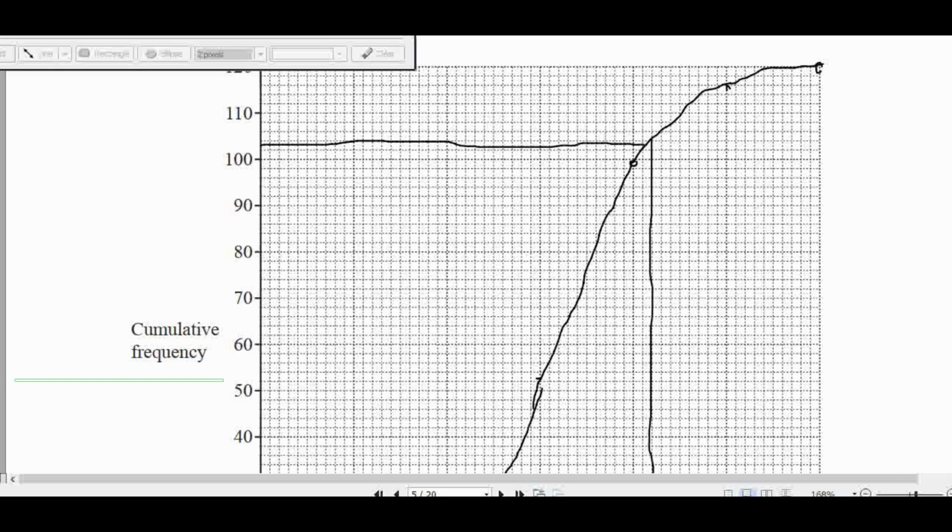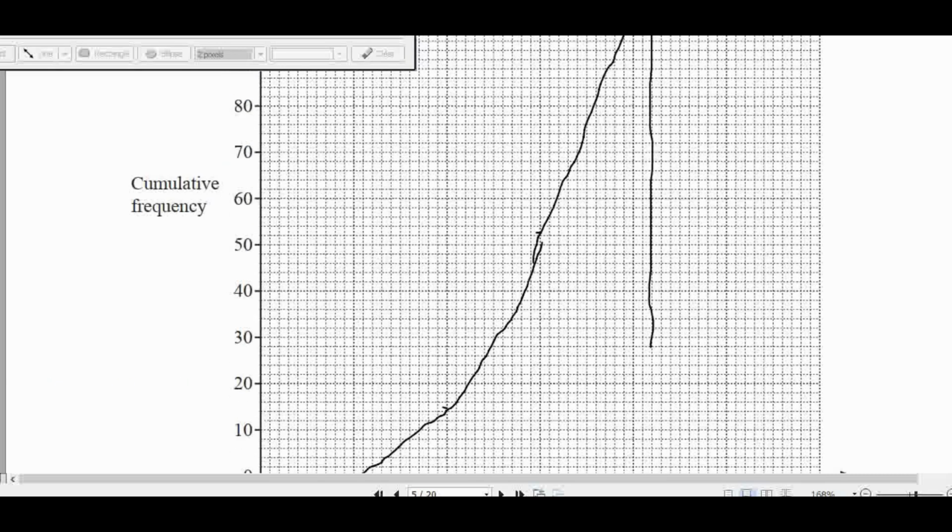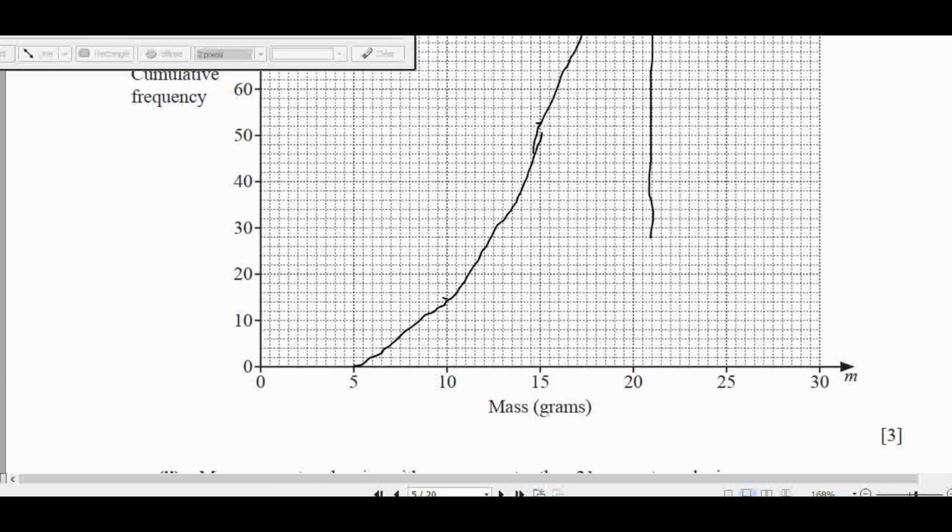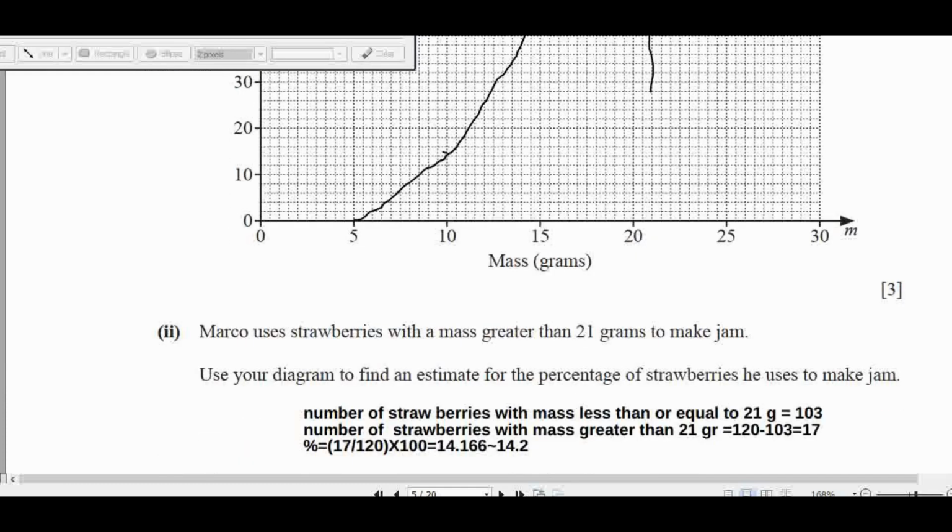So 21 means 103 strawberries have mass less than or equal to 21 grams. But we need strawberries with mass greater than 21. The total is 120, and 103 strawberries have mass less than 21. So strawberries with more than 21 grams will be 120 minus 103, which comes to 17.